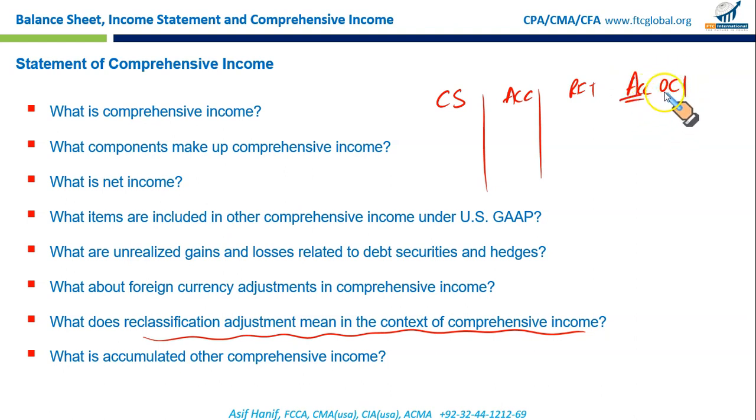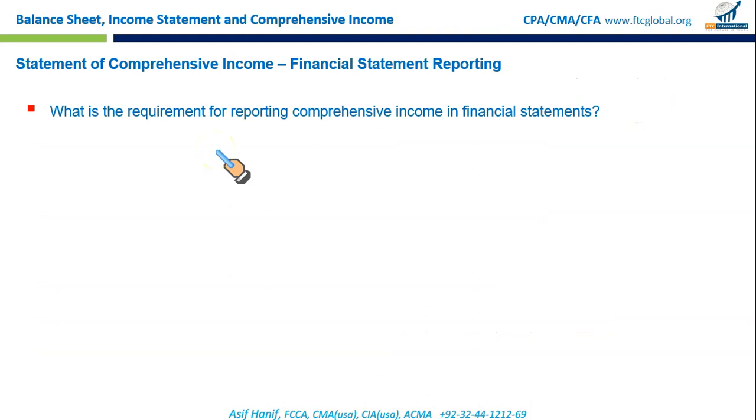You may say that it is similar to retained earnings. The thing is that the items in net income are reported in retained earnings, and items of other comprehensive income during the period are reported as a part of accumulated other comprehensive income. So this is the key point. It is basically similar to retained earnings because net income goes to retained earnings, but the elements of OCI are accumulated here.